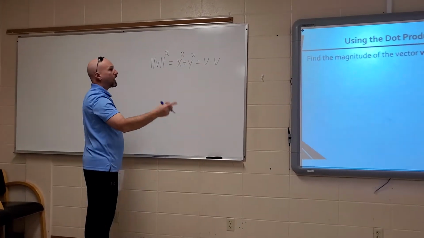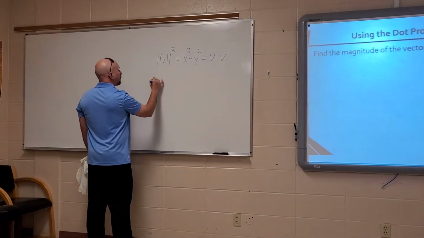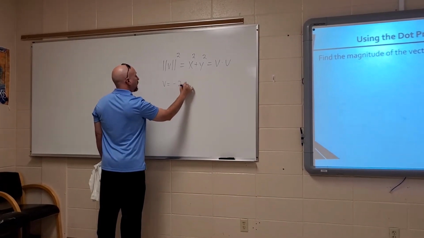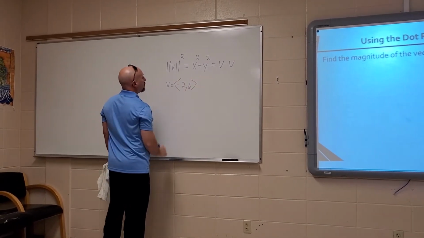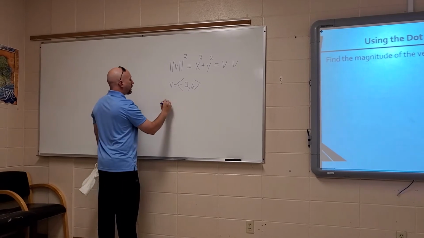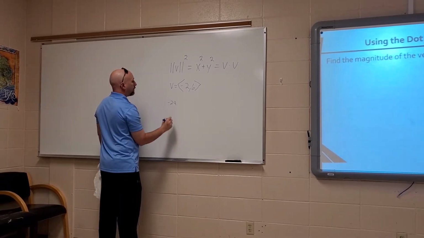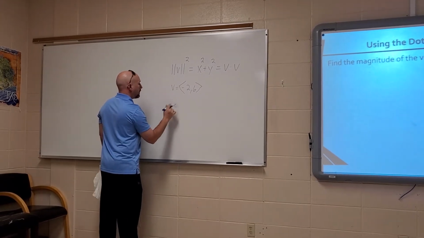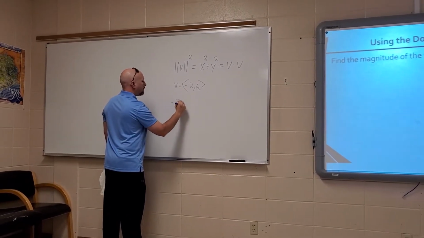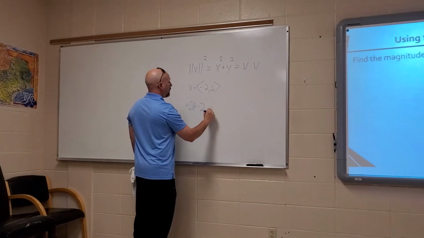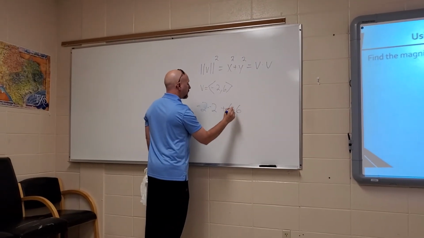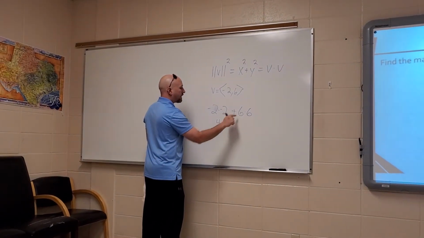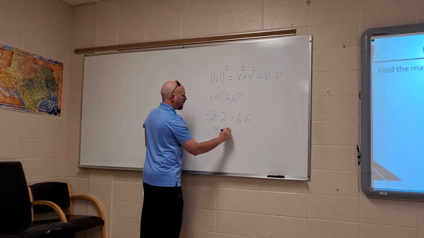So if we do the dot product, v is negative 2, 6. We have negative 2 times negative 2. Let me write that bigger so y'all can see it. Negative 2 times negative 2 plus 6 times 6. Negative 2 times negative 2 is 4. 6 times 6 is 36.